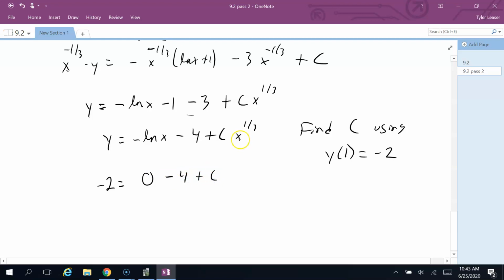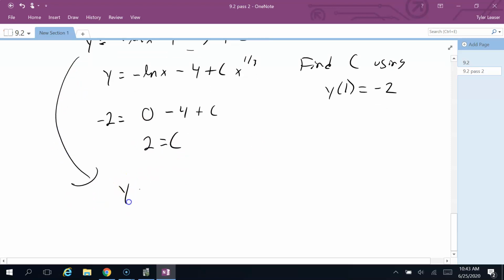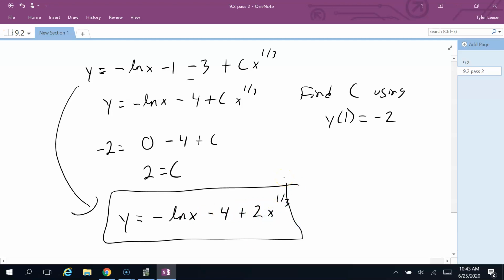And if I'm plugging in 1 for the x here, 1 to the 1/3 is just 1. So if I add the 4 over, I get 2 is equal to c. And then plugging the c back in, I get my final answer. y is going to be negative natural log x minus 4 plus 2 x to the 1/3 is now the solution to that differential equation, that initial value problem that we started with.